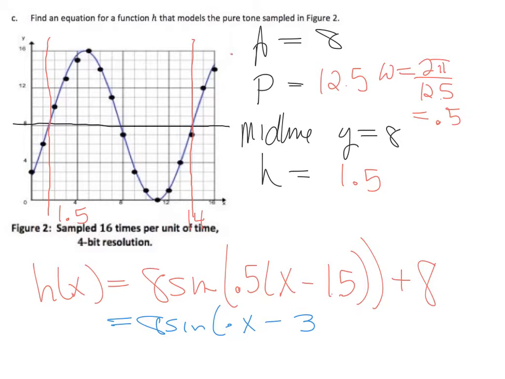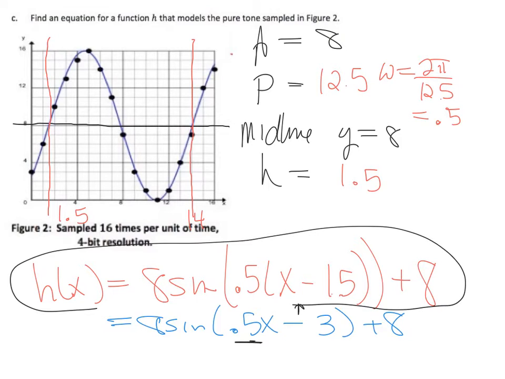Oh, hold on. Let's get that right. 0.5x minus 3 plus 8. And I used to get really confused, but I know just to factor this value out to get that equation back, because this equation is the standard equation that we've been learning from. So I'm trying to get us back to that standard equation.